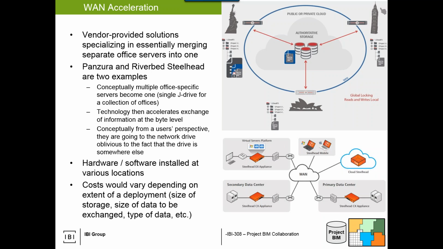Panzura is another option, and I'm not sure how well known they are, but I've interacted with them. They actually come and bring a device. So their concept would be, imagine IBI had one J drive, just period, one J drive that every single office across the globe connects to. They would put apparatuses at the J drive location and at the connecting office location.